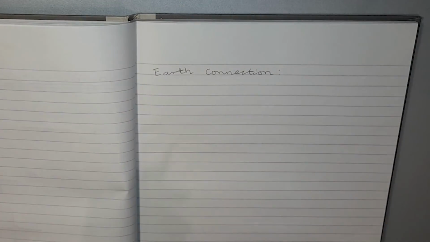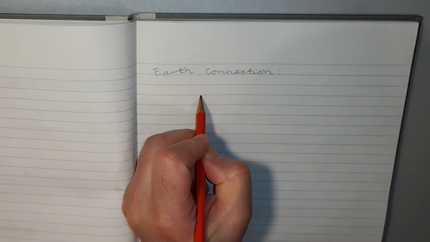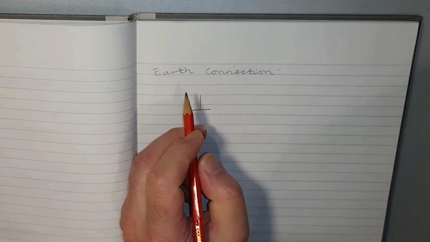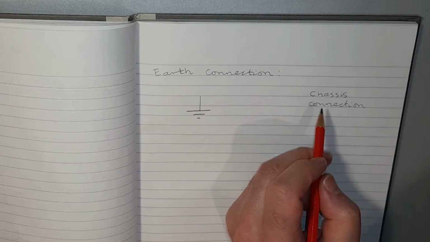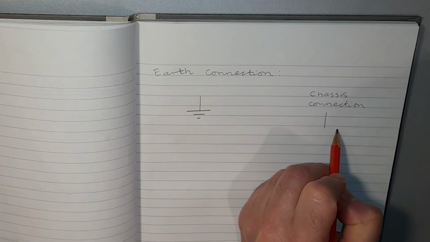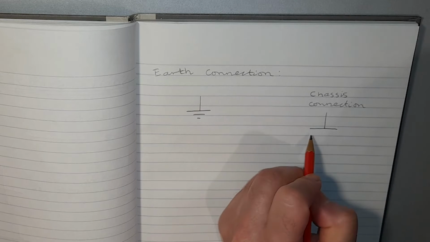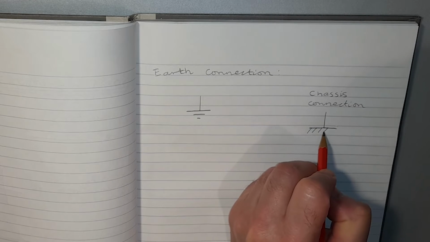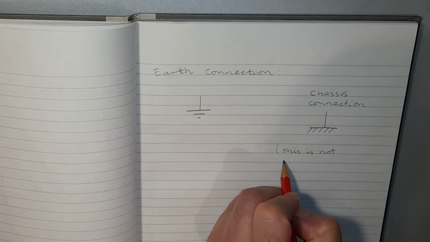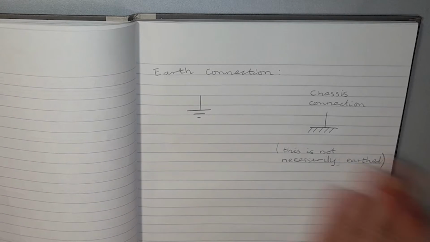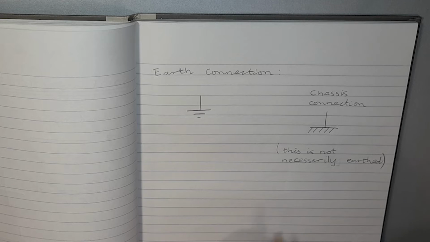The earth connection symbol indicates that the circuit is connected in some way to the physical ground, usually through the mains electricity supply. Related to this is the chassis connection. This is when a connection is made from the electronic circuit to a metal case or frame, though this case or frame may not necessarily be connected to earth as well.